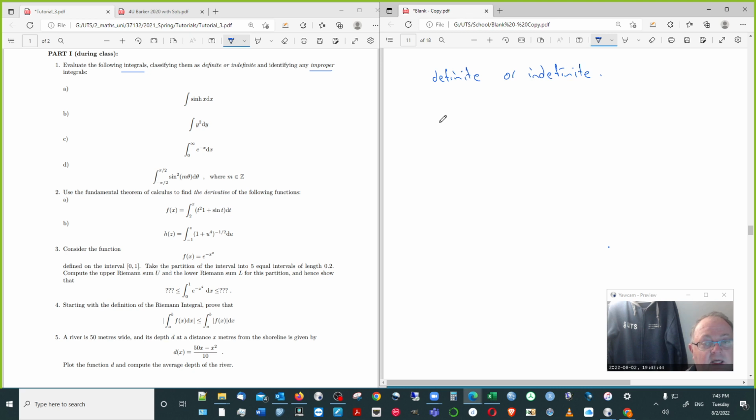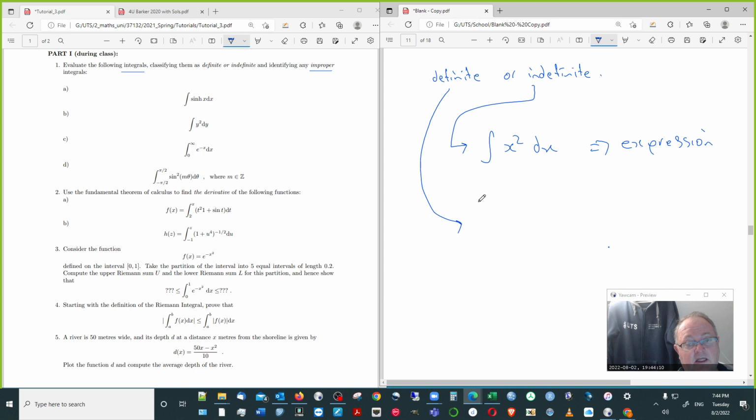So if we have an indefinite integral, what does that look like? What's an indefinite integral? That's an indefinite integral, because an indefinite integral is going to give us an expression. That's the link. A definite integral is going to give us a number.